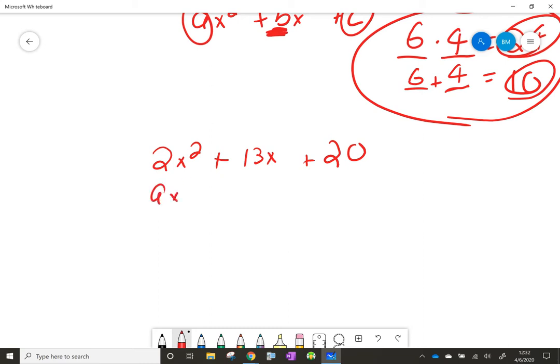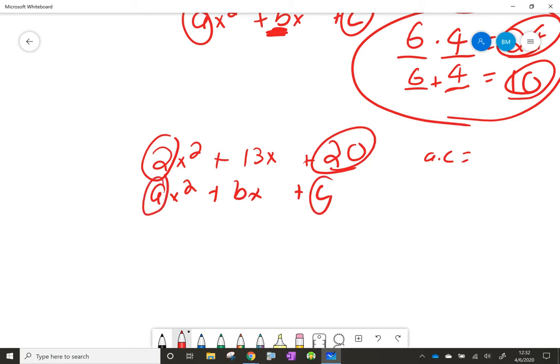Remember, ax squared plus bx plus c. I need you to understand what the a and the c are. So we want to know what a times c makes. 2 and 20 are the a and c values, so 2 times 20 in this case is going to equal 40.